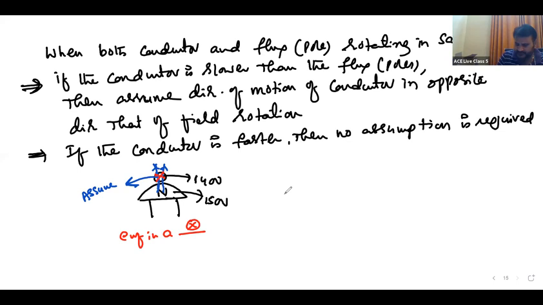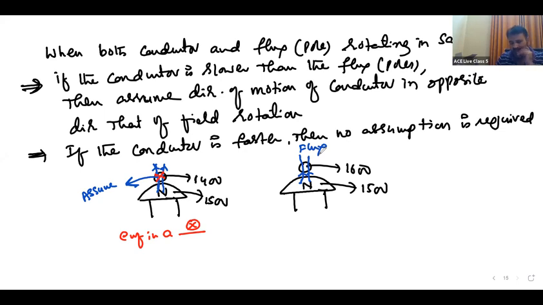Whereas in the second one, it is 1500 and the conductor is rotating at 1600. So no assumption is required. You know the flux direction. No assumption is required. Therefore, what is the EMF? Flux direction, motion of the conductor.